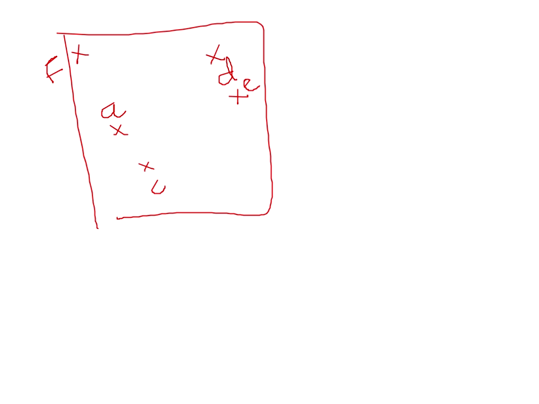So let's suppose that the distance between E and D equals 1. Let's suppose that this distance equals 1, this distance equals 1.5. So how can we calculate the dendrogram?